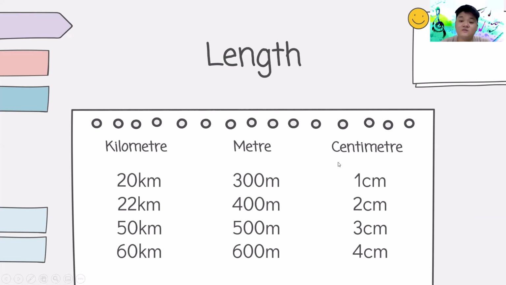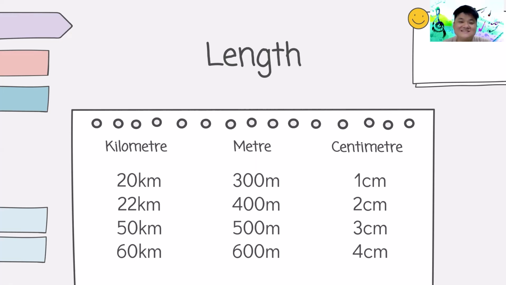Good. The last one, centimeter. Centimeter is very small, so we use numbers like 1 centimeter, 2 centimeters, 3 centimeters, and 4 centimeters. cm means centimeter. You got that?